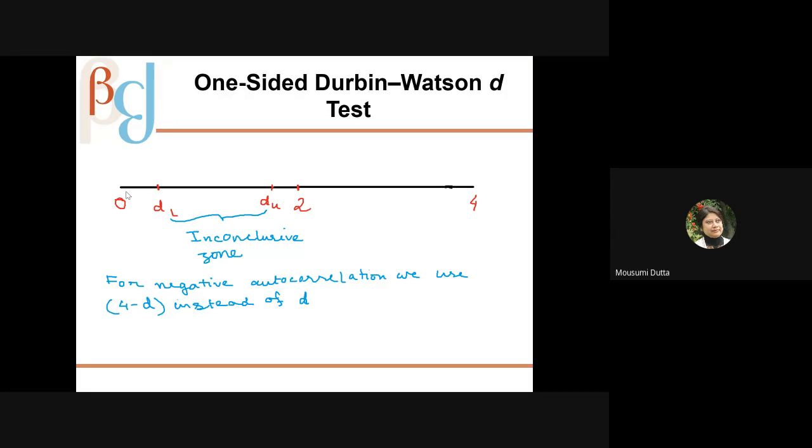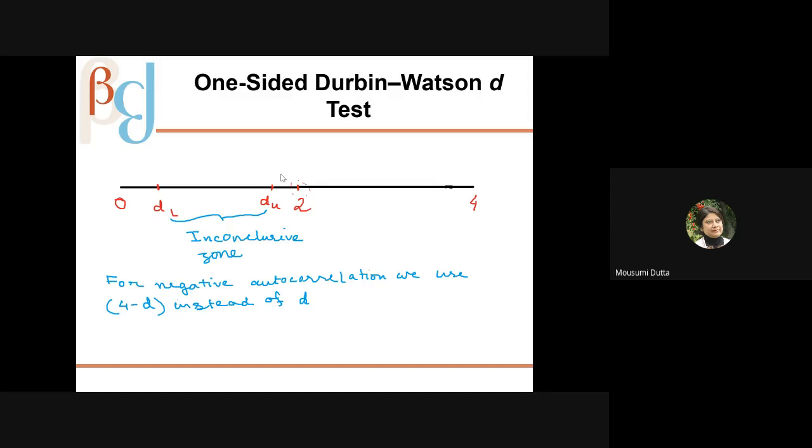If the value is close to the last 2 points, that will be an indication of high autocorrelation. And if the value is around 2, the middlemost point, in that case, that will give an indication of no autocorrelation.